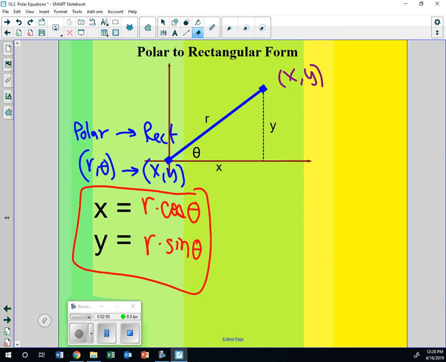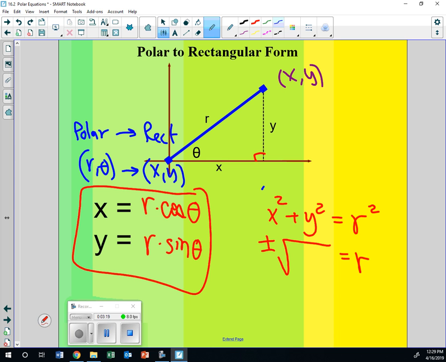Let's keep going with this. Let's do one more, and that is, what's the relationship between x, y, and r? X, y, and r on this triangle. This is a right triangle, by the way. Yeah, x squared plus y squared equals r squared. So r is going to be plus or minus the square root of x squared plus y squared. So if we knew x and y, we could find r. And then the other one is, what's the relationship between these three in a right triangle?